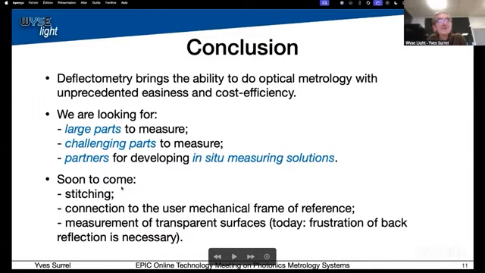Also, very important for the end user is the connection with the user mechanical frame of reference for axisymmetrical parts. And also today we are restricted to really reflective surfaces. So if we have a transparent lens, for example, we have to frustrate the back reflection. But we may have the possibility to also deal with this problem of measuring the surface of transparent parts.